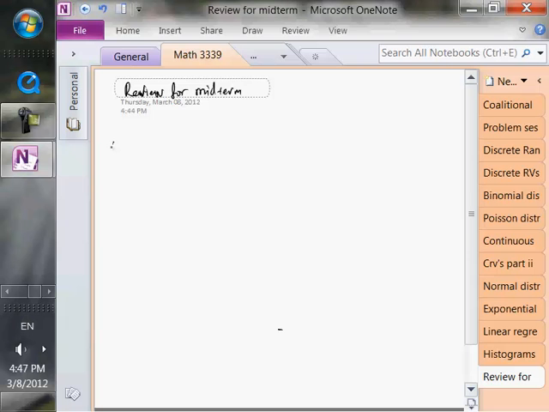If I had told you, let W be the waiting time in minutes between the first and the second call, what would be the distribution of W? Exponential, and why? The important thing in this 25-point question is the why.